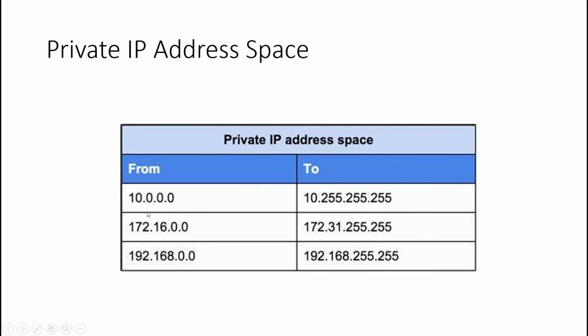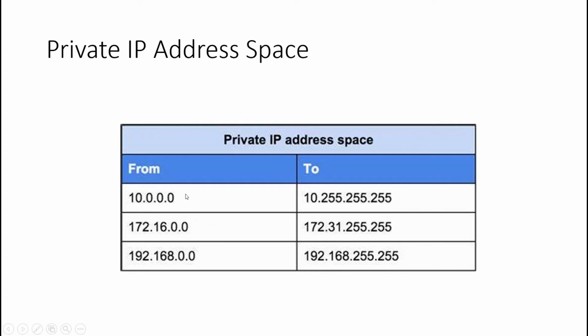Also, 172.16.0.0 to 172.31.255.255 is another range for private IP addresses, and the third range is 192.168.0.0 to 192.168.255.255. If you see any IP address within these ranges, it means it's a private IP address.